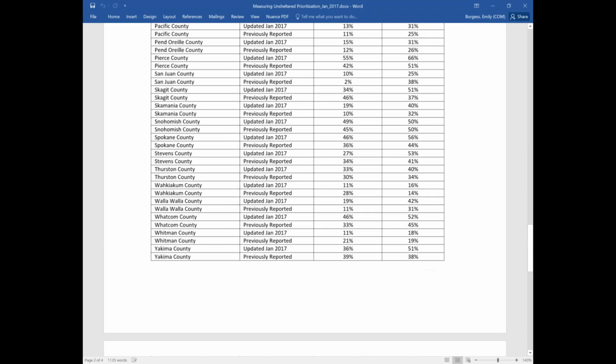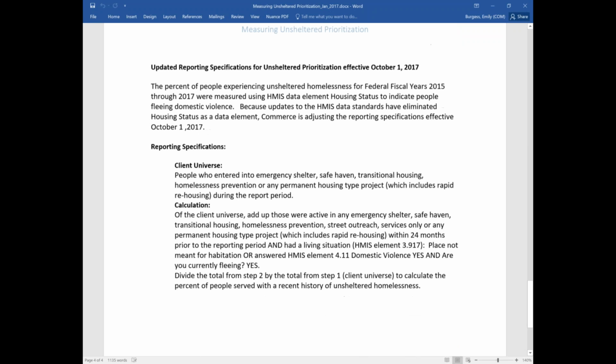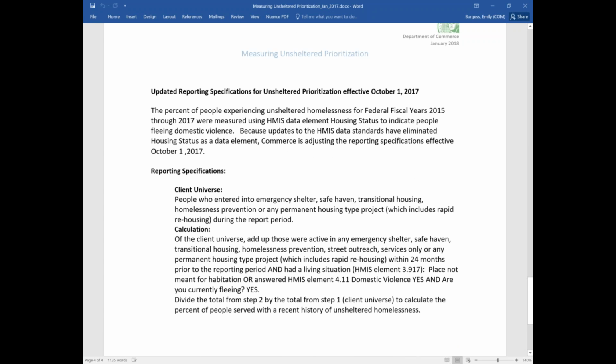And if you keep scrolling, this section is talking about some changes to how we'll be calculating unsheltered, which will start basically now in the year that we're in, effective October 1st, 2017.